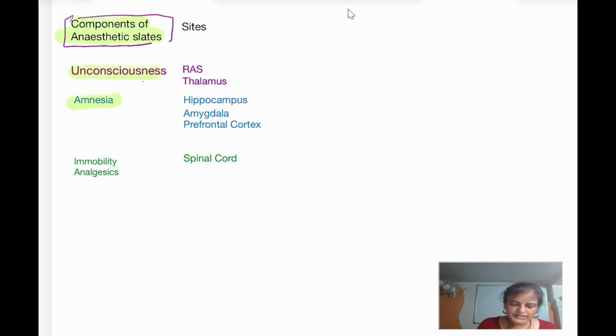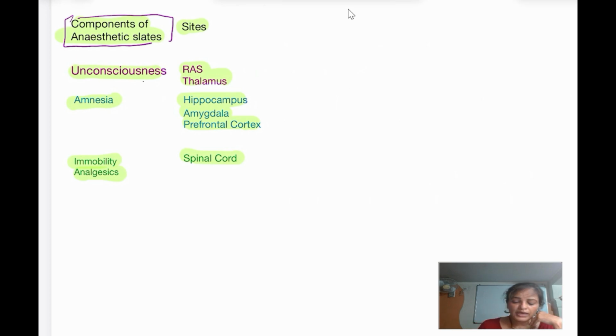Unconsciousness, amnesia, immobility and analgesia. And they involve what all sites? The first one is unconsciousness by RAS and thalamus. Amnesia involves the hippocampus, amygdala, prefrontal cortex, and immobility and analgesic action are by the action in the spinal cord. So this is at the macroscopic level.